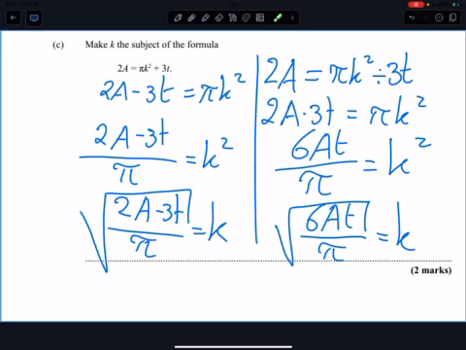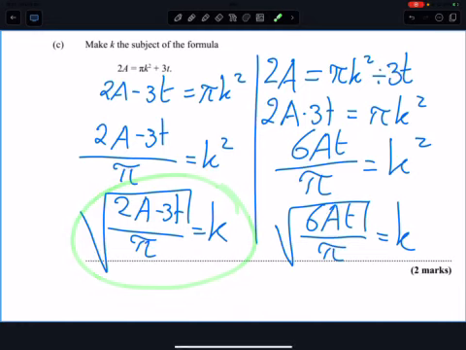If you did addition, the first step, send it to the left, then you have 2a minus 3t equals pi k squared. Next step is dividing by pi. And then how do you remove a square? By square rooting the other side.